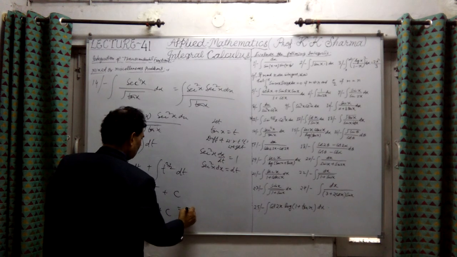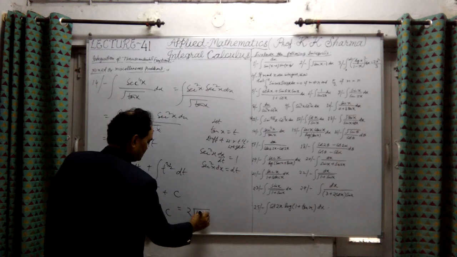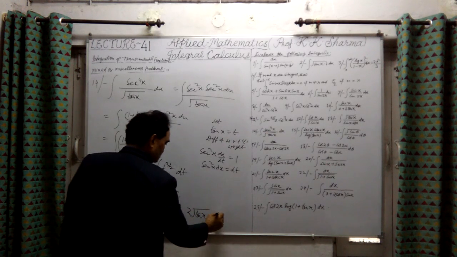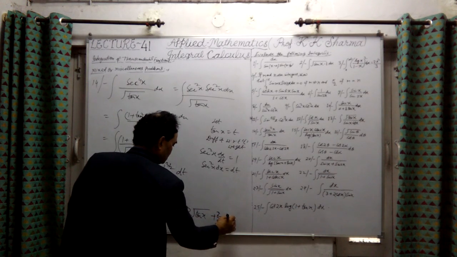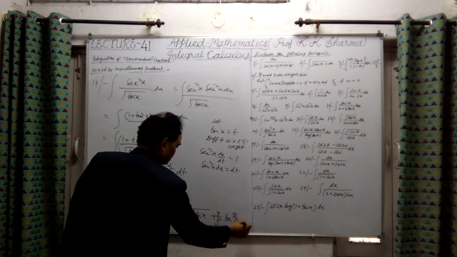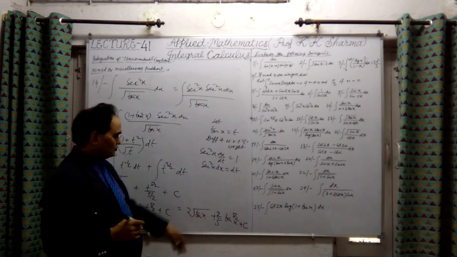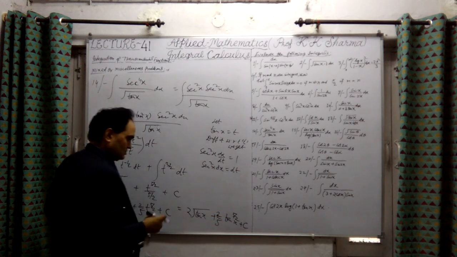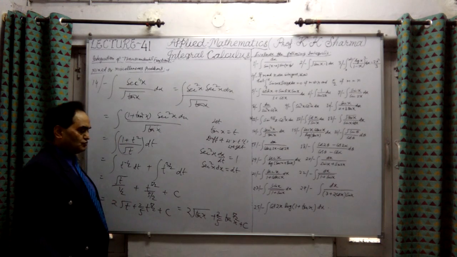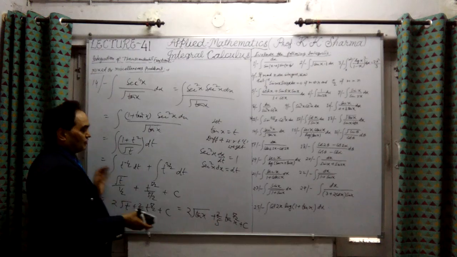Now this is equal to 2 under root tan x plus 2 upon 5 tan x raised to power 5 by 2 plus constant of integration. This is the answer of question number 14.